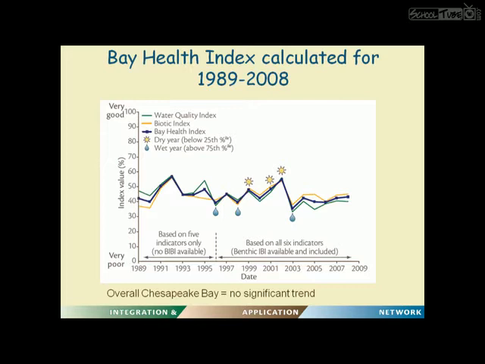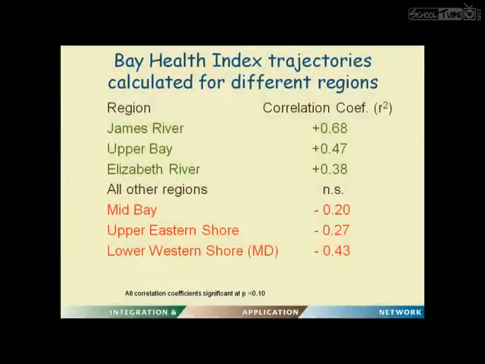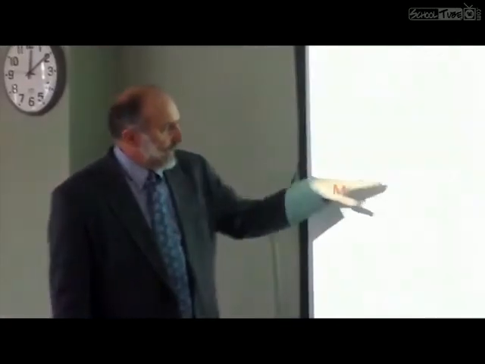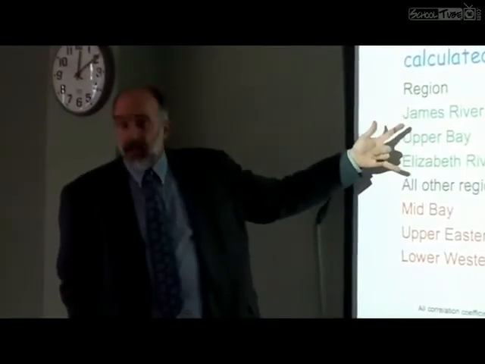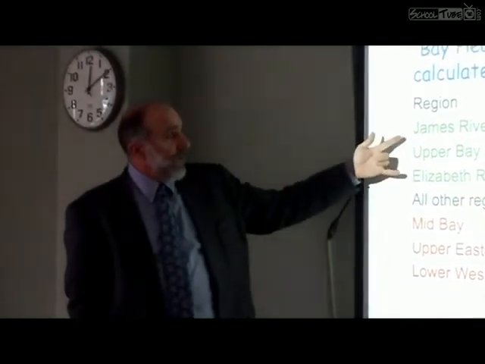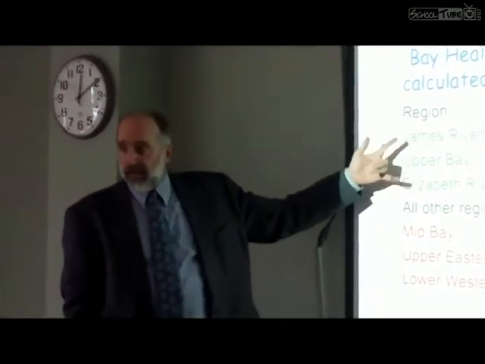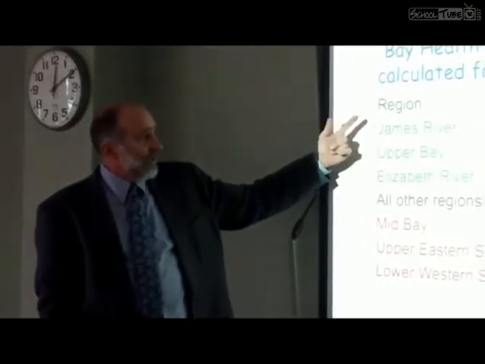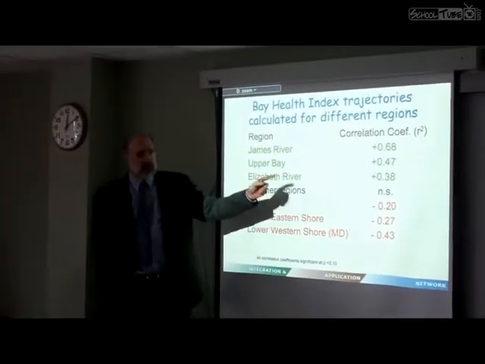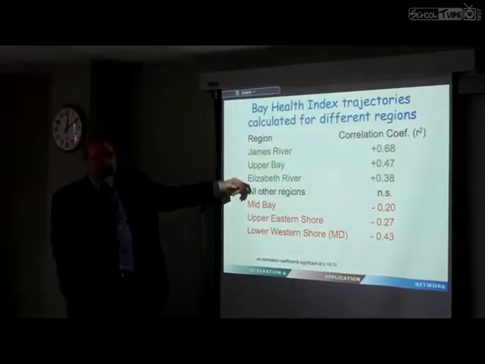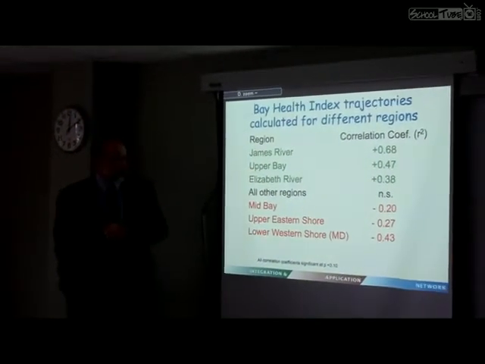But when we started to look at the trajectories of individual regions, what we found, lo and behold, was that several regions didn't have a significant trajectory, but several did. For the combined Bay Health Index, we had statistically significant positive correlation coefficients, in other words getting better, for the James River, for the Upper Bay segment, and the Elizabeth River in Virginia.